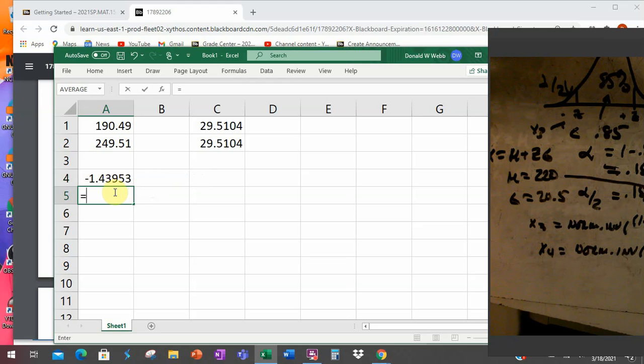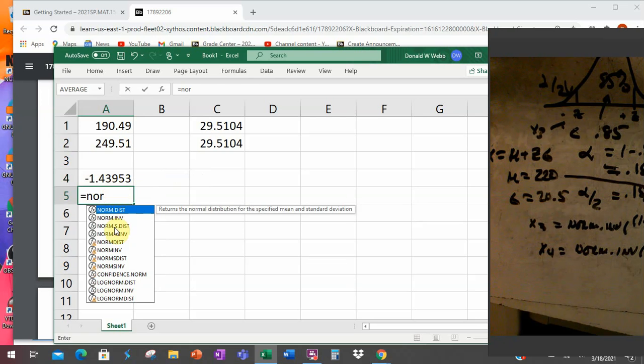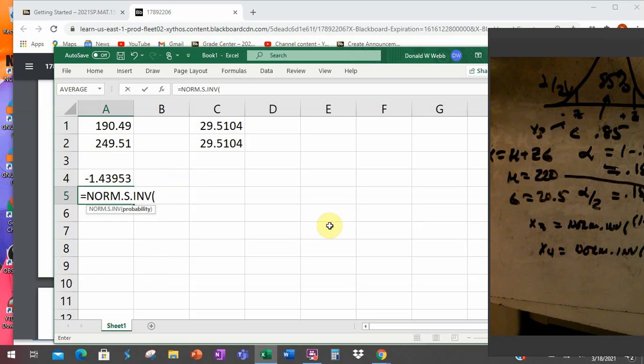Now, if I do the positive version, norm.s.inverse, this looked like 1 plus 0.85 divided by 2. Really weird that it works out like this, but it does, and there's nothing else to give it. And this is going to be symmetric about the mean, which is equal to 0.